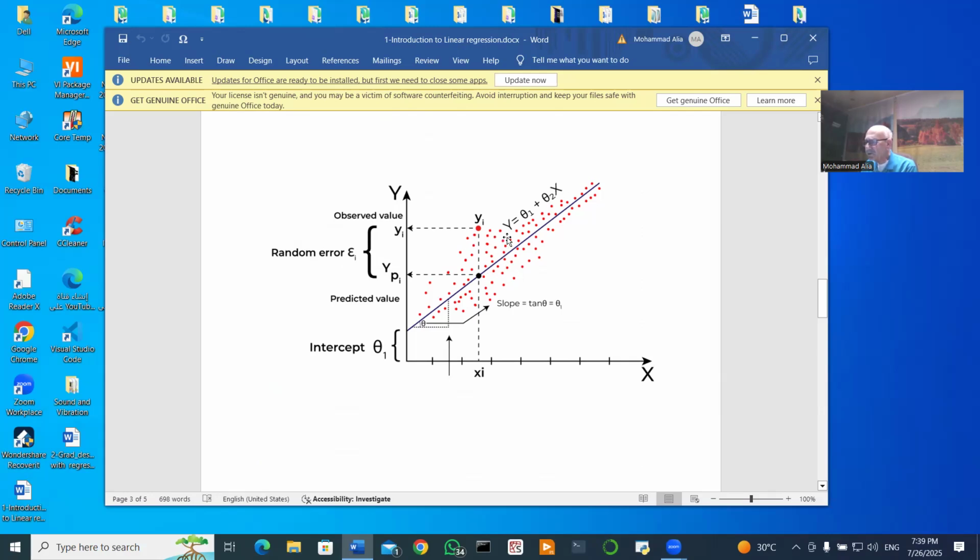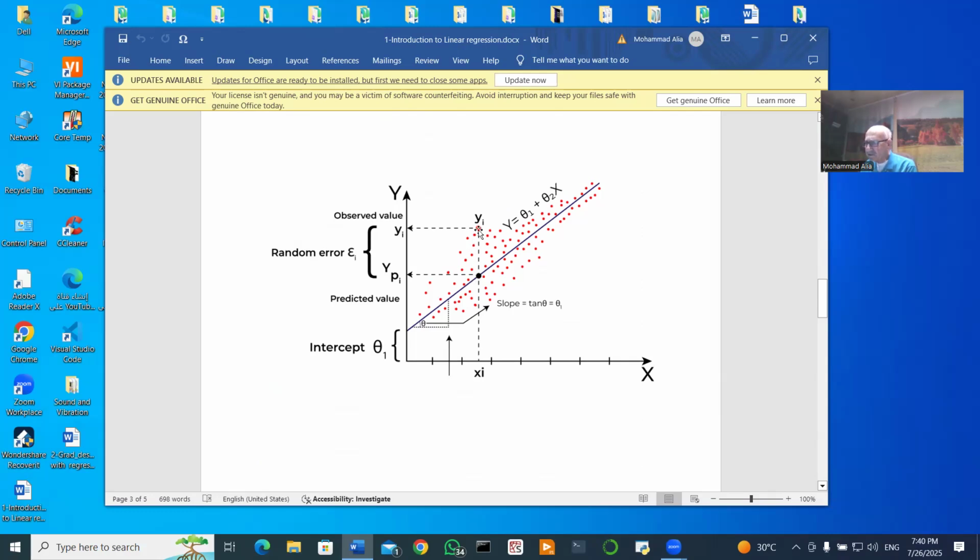For every point, there is its own value of residual error. So how do we define the best fit? We define the best fit if the regression line has the minimum total error for all the points.